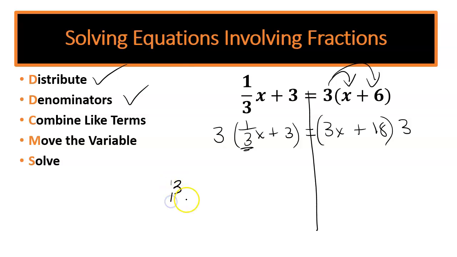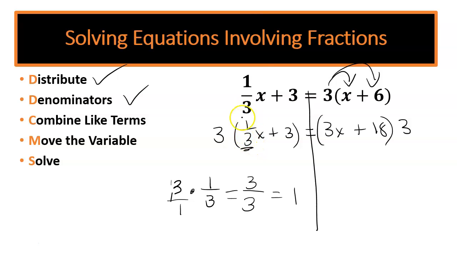So let's say I have 3 times 1 over 3, which is what I have up there. 3 times 1 over 3 means 3 over 1 times 1 over 3. So 3 over 1 is 3 times 1 over 3 is 3 over 3, which equals 1. So basically when you do this, your denominator is going to become 1.